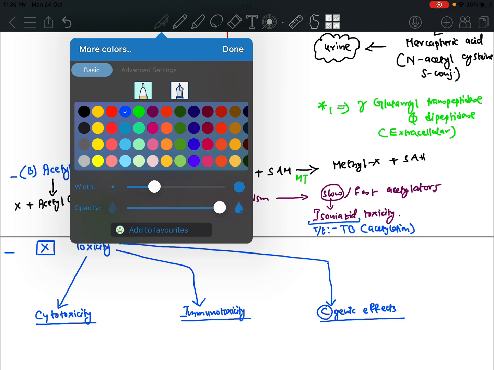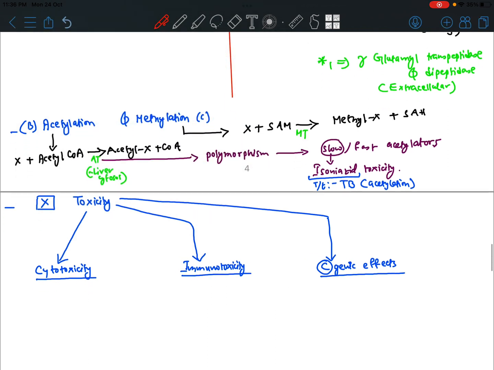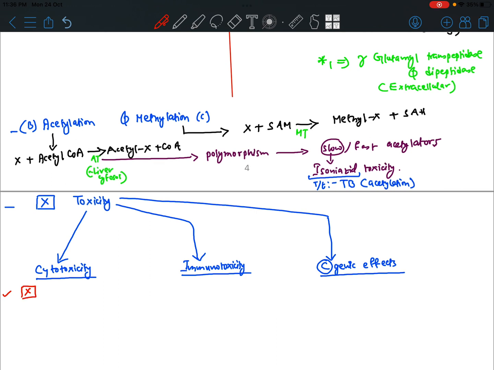So what is cytotoxicity? Covalent bonding, right. Let me write this in red. Covalent bonding of xenobiotic metabolites to macromolecules like DNA, RNA, protein.